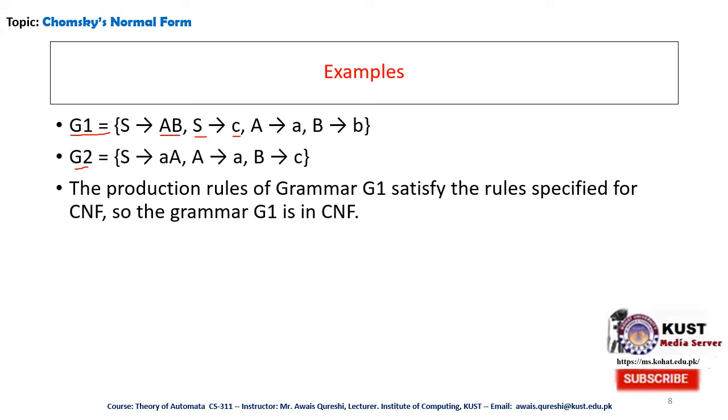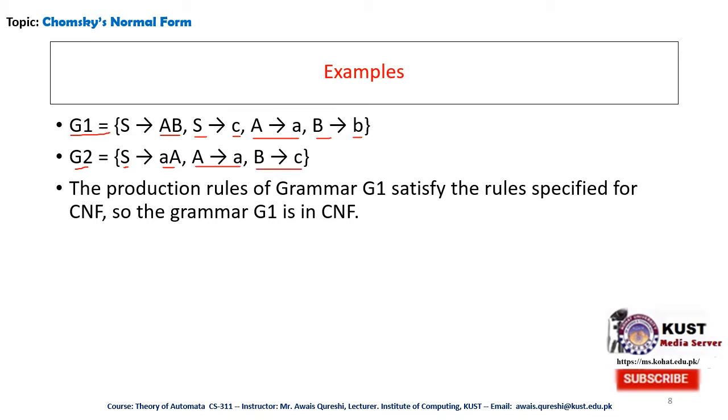Here you can see that A is also generating a terminal, and B is a non-terminal and it is generating a terminal symbol. Similarly, in grammar 2, S is a non-terminal and it is a combination of a terminal and a non-terminal. A non-terminal symbol is generating a terminal and a non-terminal, which are called B and C.